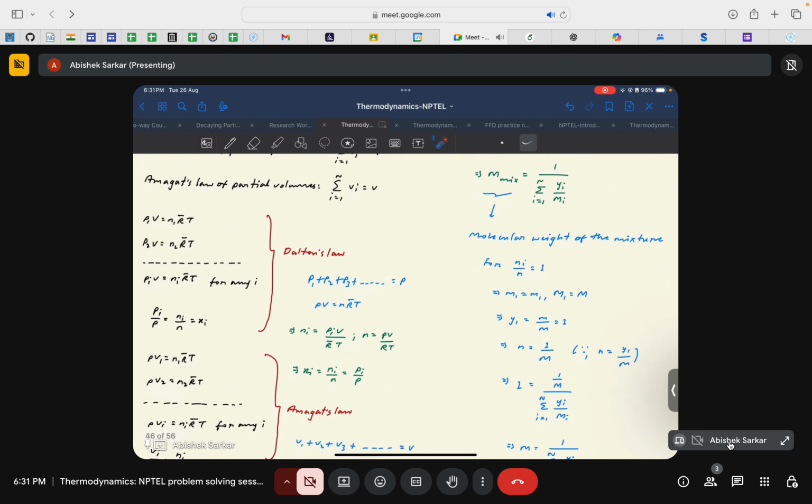Now for the entire mixture, we know that P1, P2, P3 and so on add up to P, given by Dalton's law of partial pressure. So we can write the ideal gas equation for the entire mixture.